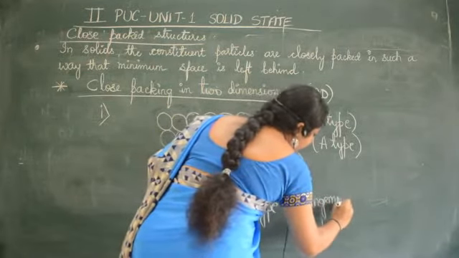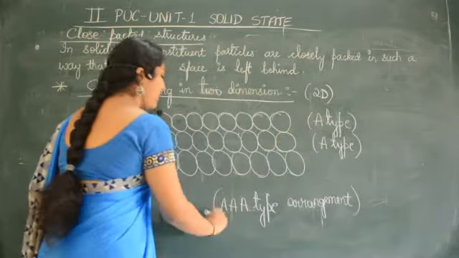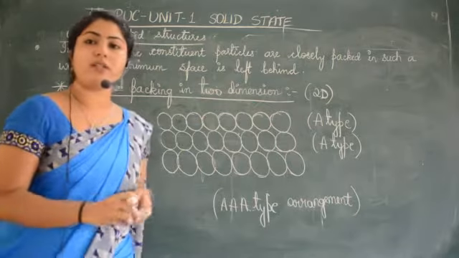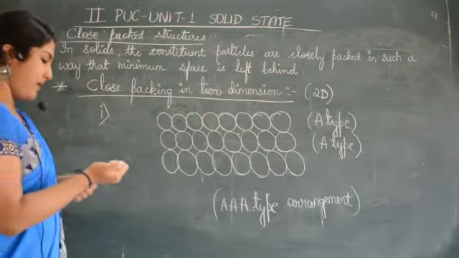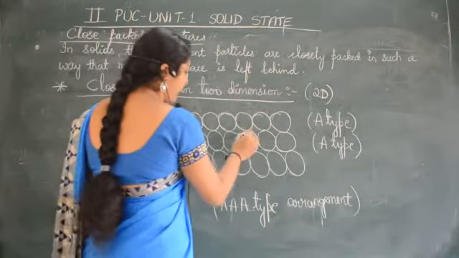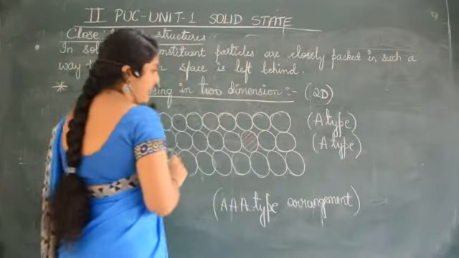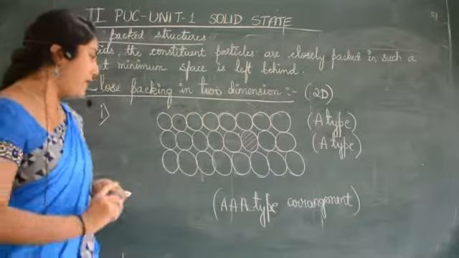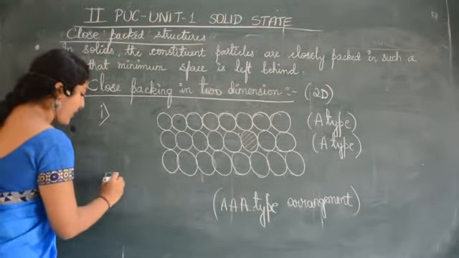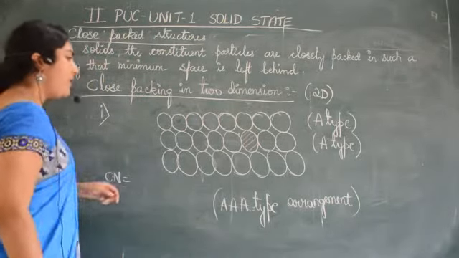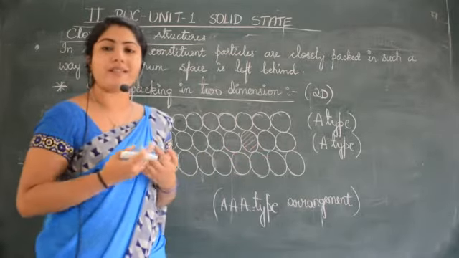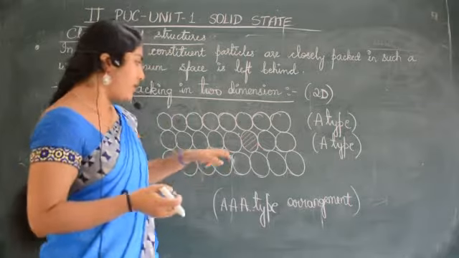Now here comes an interesting point. Now what we have to see, like that of one dimension, we need to know the coordination number. Let me consider any one atom here. I'll consider this atom. Now what I have to find? Coordination number means the immediate neighbors or the nearest neighbors of that particular atom.